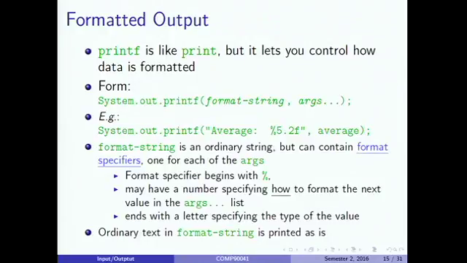Okay? Now, the format specifier, as I said, begins with a percent sign, and then sometimes, but not always, the next thing is a number. And that number controls how that next value is formatted.